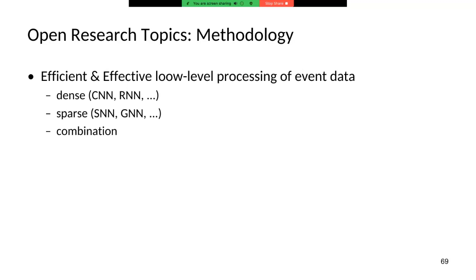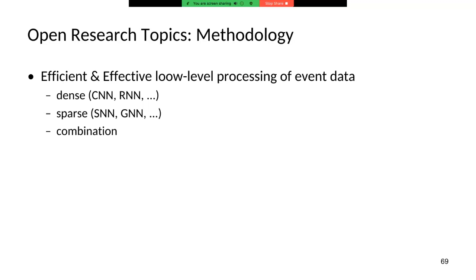Well, now coming to the methodology, I think there are also many open questions in how we develop our methods. And this is also biased towards machine learning applications, deep learning. And in there, you have the problem of efficient and effective low-level processing of event data. So there are different ways of processing event data.